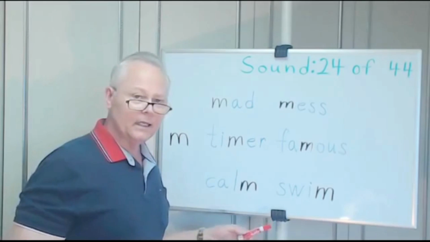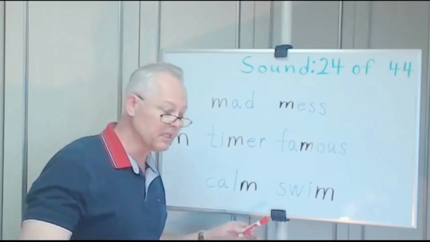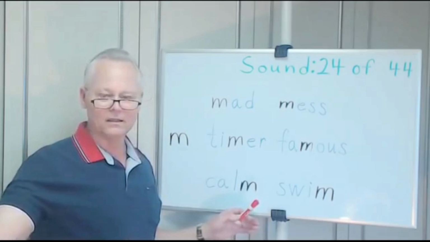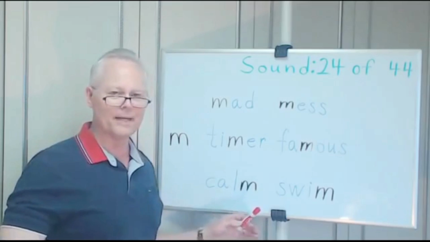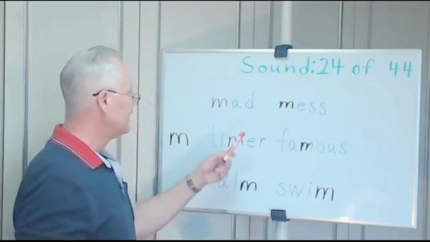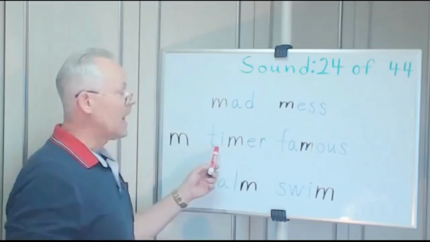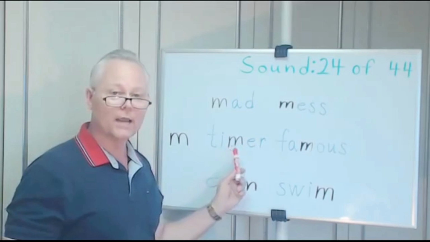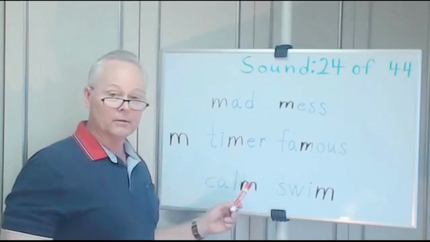Mess. Perhaps a little kid was playing on the floor and made a big mess all over the place. Somebody was eating a bowl of cereal. They spilt it and the milk went everywhere. What a mess. Timer. A timer?